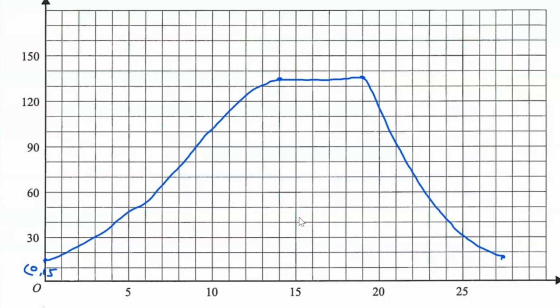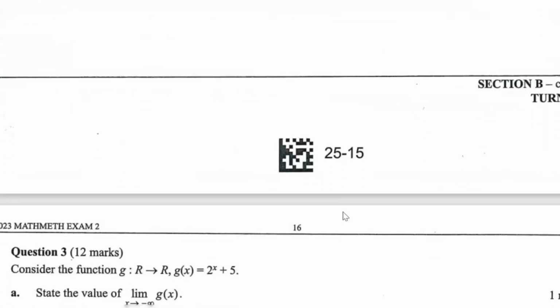All right, let's move on. 27.5 and 15, and that was 20, 135. That's 15, 135. And that's my piecewise function. All right, let's move on to the next question.